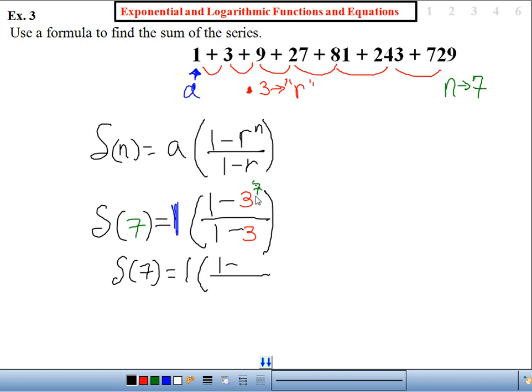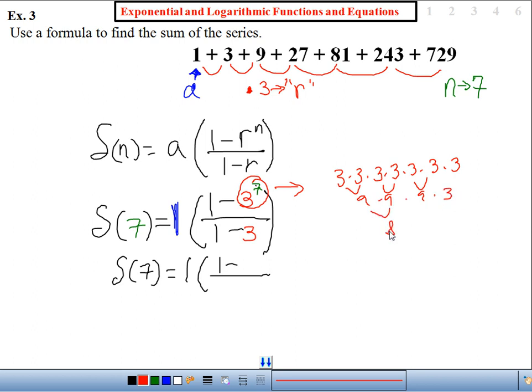I'm going to do this part over here. Let me do that in red. This is the same as 3 times 3 times 3 times 3 times 3 times 3 times 3. 2, 4, 6. Okay, so this is 9, 9, 9, and then times 3.